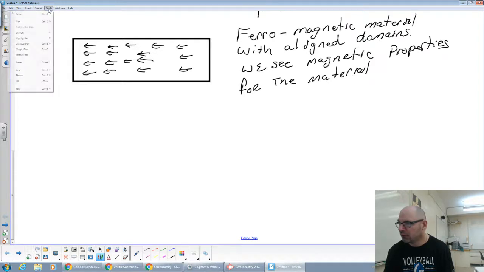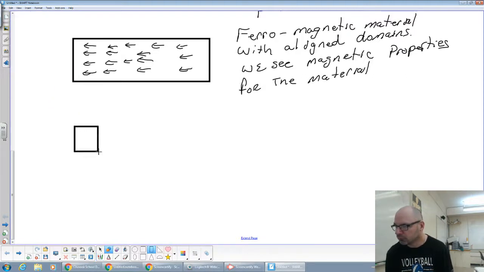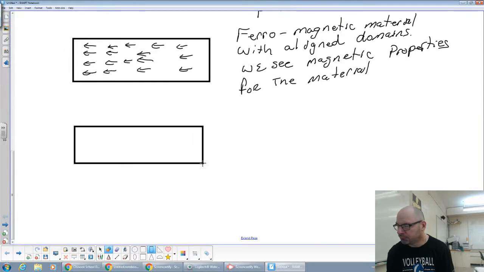So if we draw one more here. Okay, if this is a non-ferromagnetic material, we may see very few domains in there.